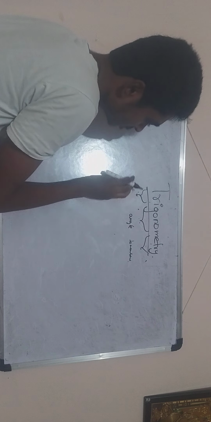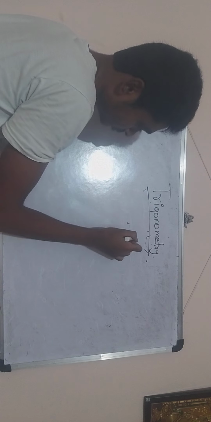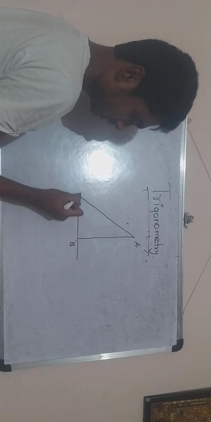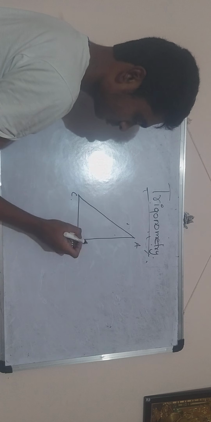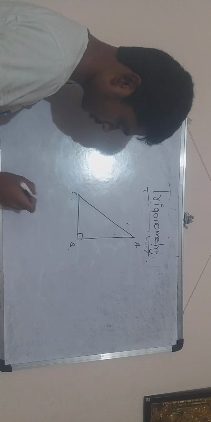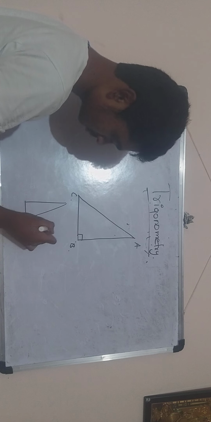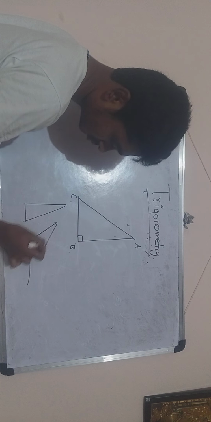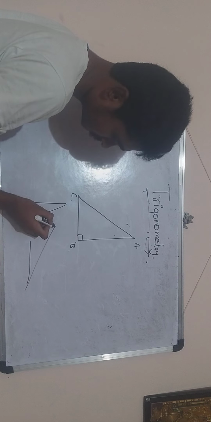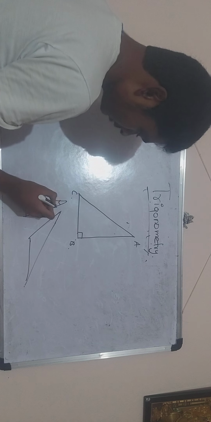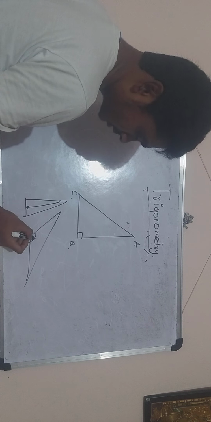So first we need to name the right angle triangle. Triangle ABC, with 90 degrees at the vertex B. I want to teach one property: the smaller angle in a triangle faces the smaller side, and the larger angle faces the larger side.